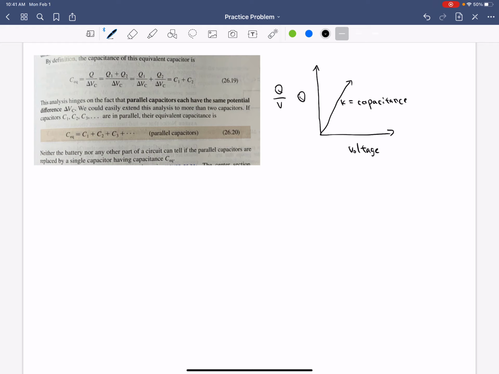Also, since this is about parallel circuits, we know that in a parallel circuit, the voltage stays the same, and the currents add up to the total current.